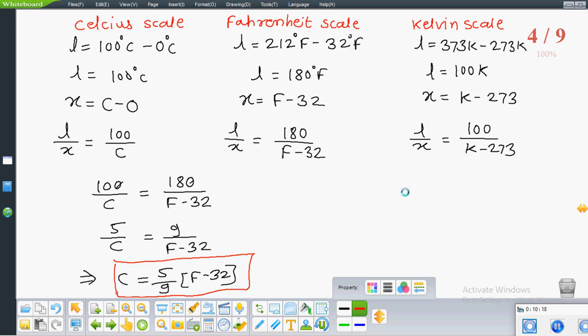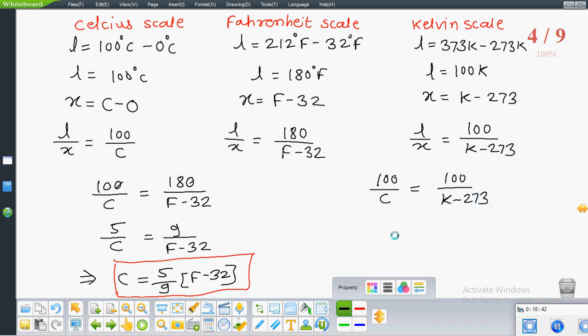Similarly, now we find the relation between the Celsius scale and the Kelvin scale according to the L by X ratio. So L by X equals 100 degrees centigrade, 100 divided by C in terms of the Celsius scale, and in terms of the Kelvin scale it will be 100 by K minus 273.